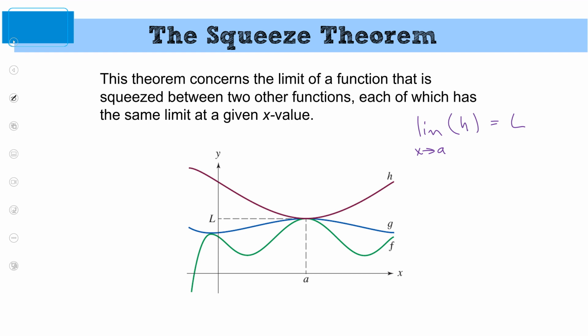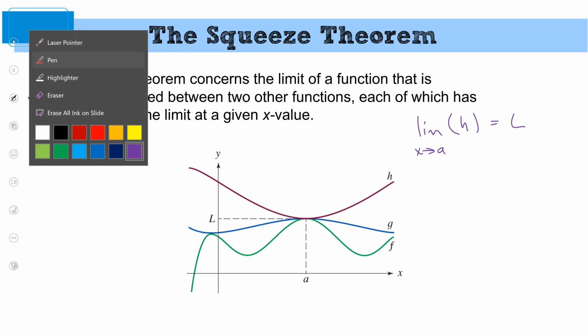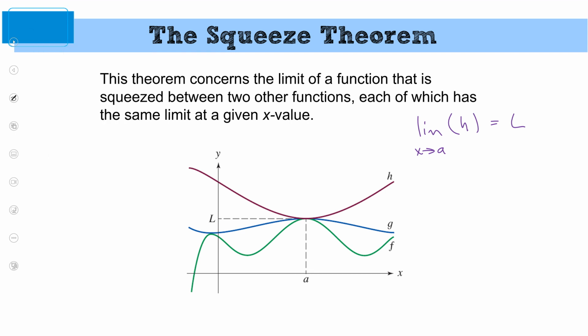Any problems? Excellent. Now we look at our green piece of bread. What is the limit as X approaches A of the green piece of bread? Sorry, I lied. The F piece of bread. G is the ham. I'm so confused with my own metaphor. Also L. The two pieces of bread are scrunching down and approaching the same number.